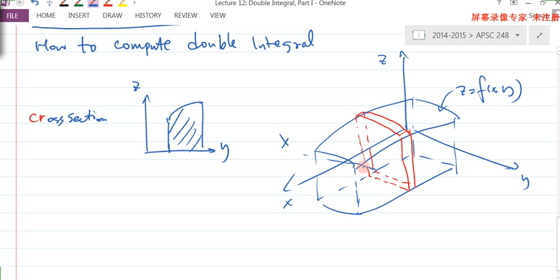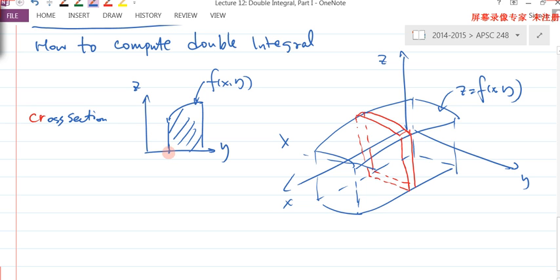So for the top curve, where is the top curve from? The top curve is at a certain value of x. So basically, it's f of x, y. Maybe it's f of 3, y. Maybe it's f of 2, y. Who knows, right? So I'm going to keep the x value general. Is that clear?